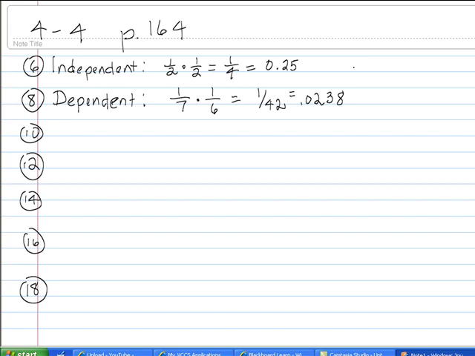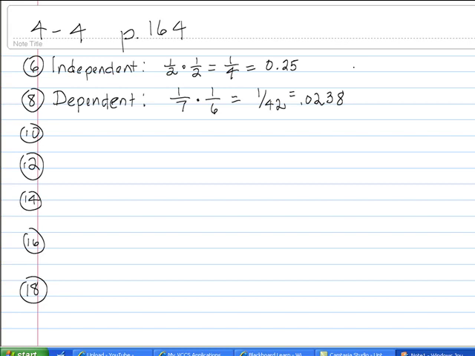Alright, number 10. We have A, when the first digit 0 through 9 of a 4-digit lottery number is chosen by someone buying a ticket, it is the same first digit that is later drawn in the official lottery. So, okay, that's A. B, when the second digit of a 4-digit lottery number is chosen by someone buying a lottery ticket, it is the same second digit that is later drawn in the official lottery.